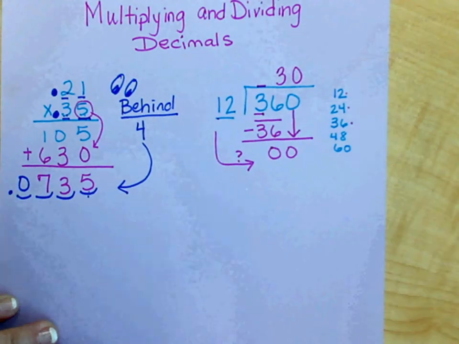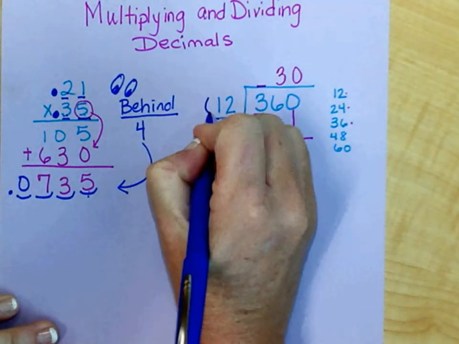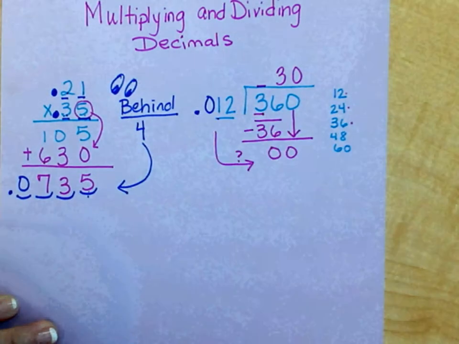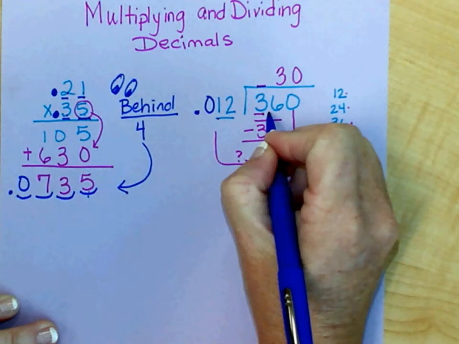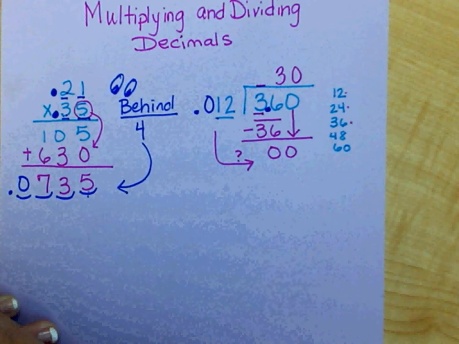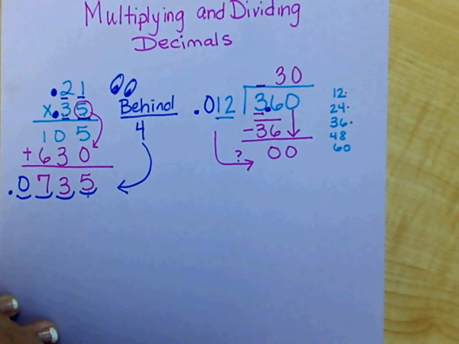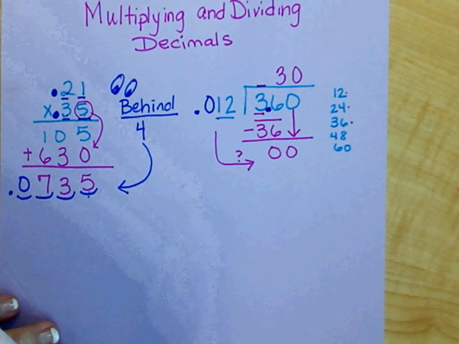But wait a minute, I did have some decimals. I was actually dividing by 12 thousandths. And I was dividing it into 3 and 60 hundredths. Now let's see how that changes this process.